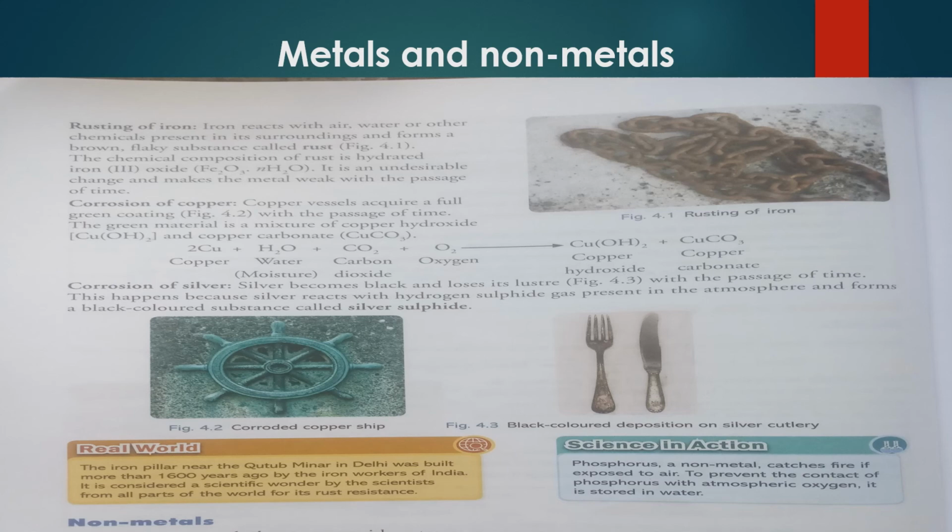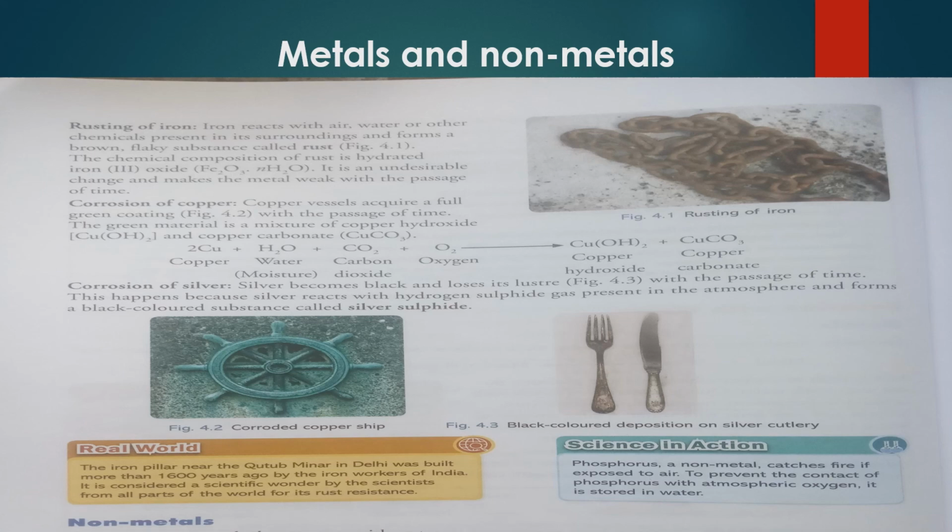Another metal which also corrodes is silver. If you use silver, then you can see silver becomes black and loses its luster with the passage of time. Actually, this happened because silver reacts with hydrogen sulfide gas present in the atmosphere and forms a black colored substance that is called silver sulfide.